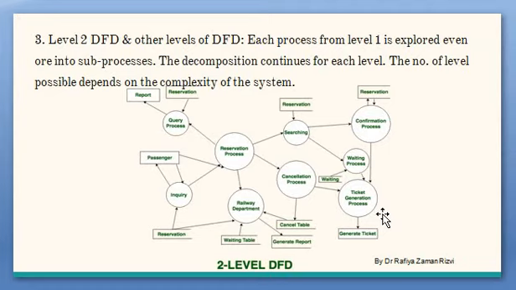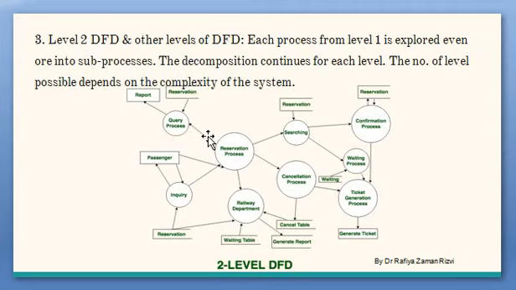Obviously it can go further in complexity by increasing the number of sub processes and internal processes that are going on. So level 2 DFD, each process from level 1 is explored even more into sub processes. The decomposition continues for each level. The number of levels possible depends on the complexity of the system.